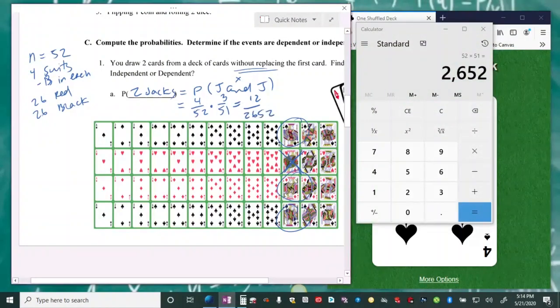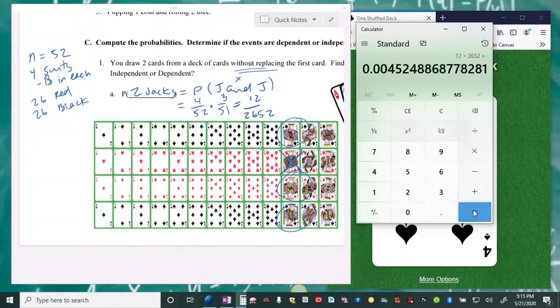If I write that as a decimal, so I can get a percentage as well, I would do 12 divided by 2652. And I end up with a really, really small probability of choosing 2 jacks. So I've got my decimal there.